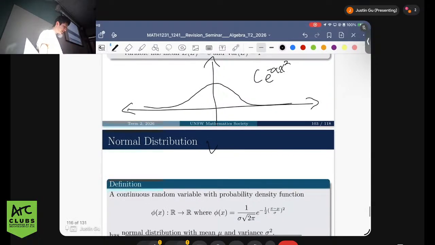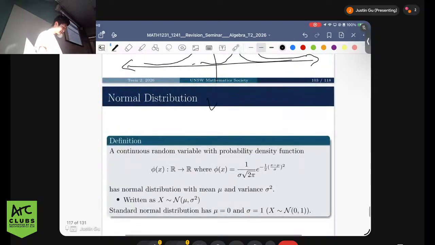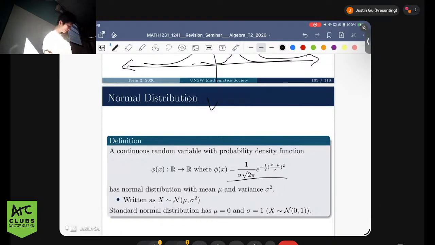And oftentimes we can scale these and move them around, like this, to get what we call normal distributions, right? So a continuous random variable with probability density function, this from R to R, where phi of x is this expression, is what we call a normal distribution with mean mu and variance sigma squared, and we denote that as saying x, the continuous random variable, has probability distribution given by this normal function.